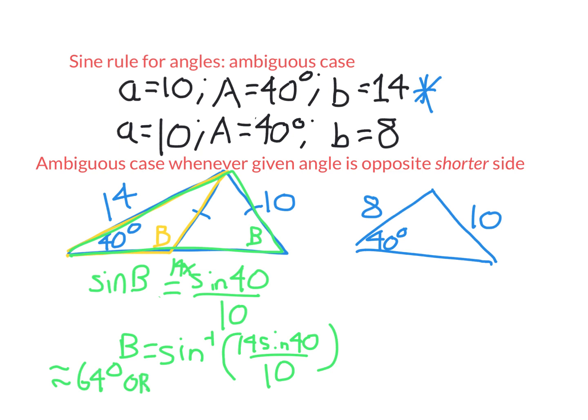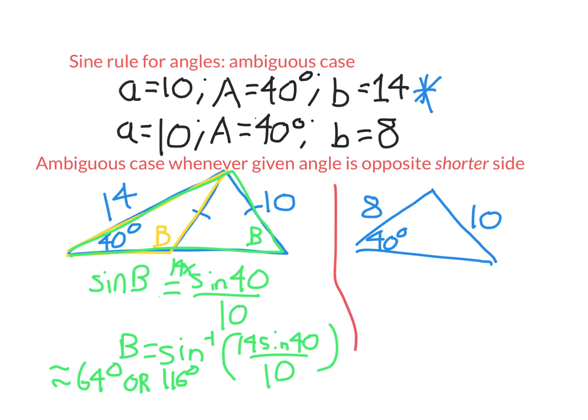All we have to do is take our first solution and subtract from 180. So 116 degrees is the other possibility. If the triangle was drawn like this, it would be 116 degrees, and if drawn like this, the acute triangle, it would be 64 degrees. Both of these are valid solutions, and therefore you must give both.